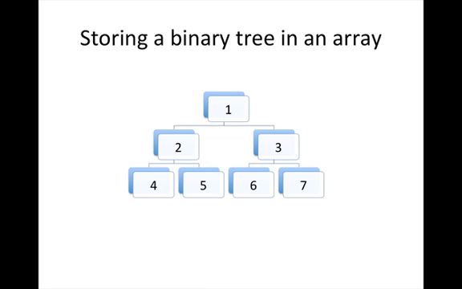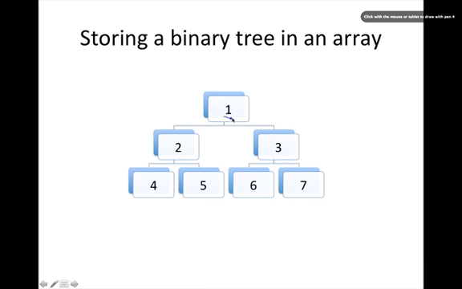First, a little aside: how do we store a binary tree in an array? Here is a binary tree, and we want to store it in an array starting from position 1, 2, 3, 4, and so on. The way we do it is we just go level by level.